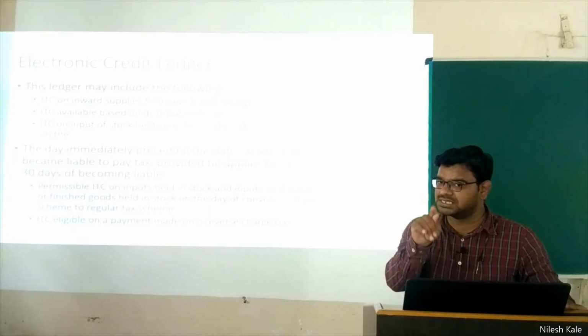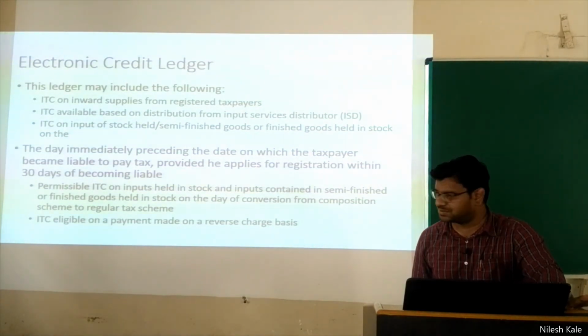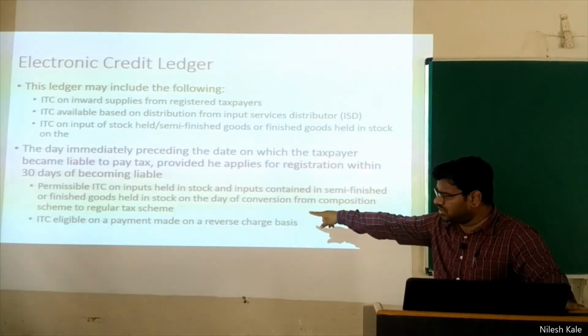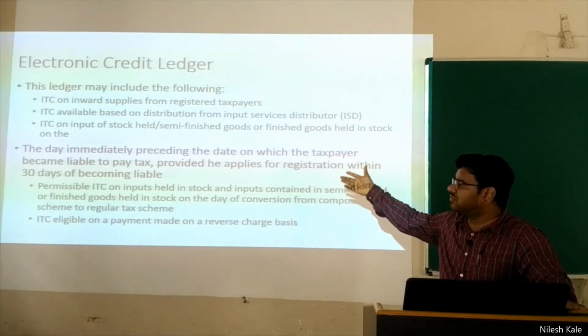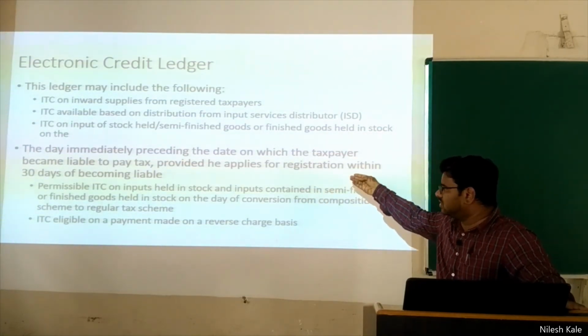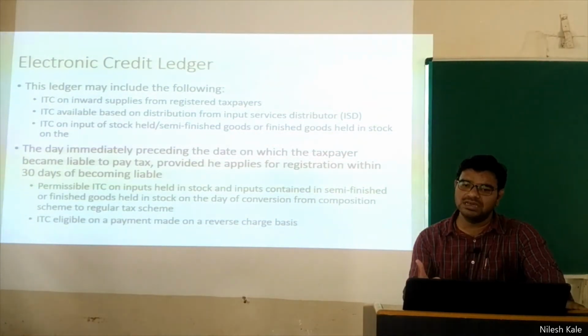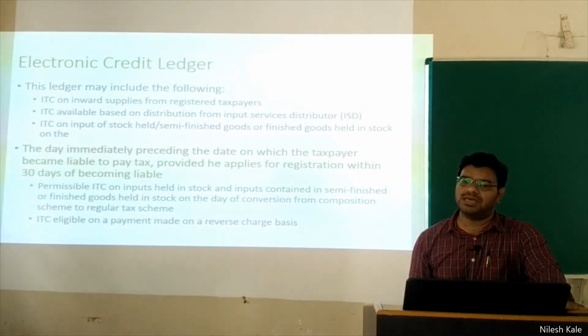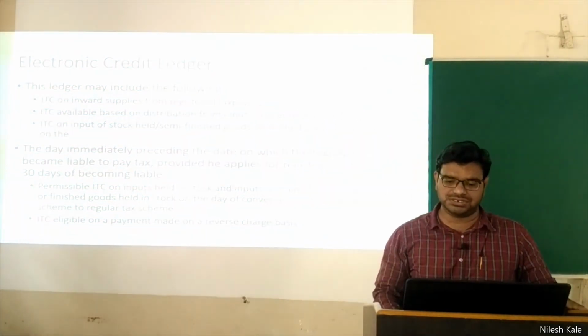There is a video, please watch that video. The link is again given in the description box, right? There you have to first fulfill your input tax credit eligibility, that is your registration must be within the 30 days of becoming liable, and then you can use the electronic credit ledger, right?